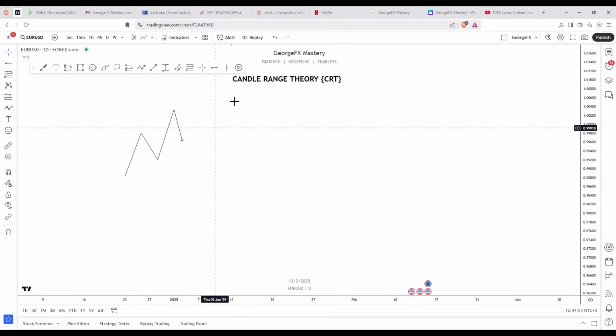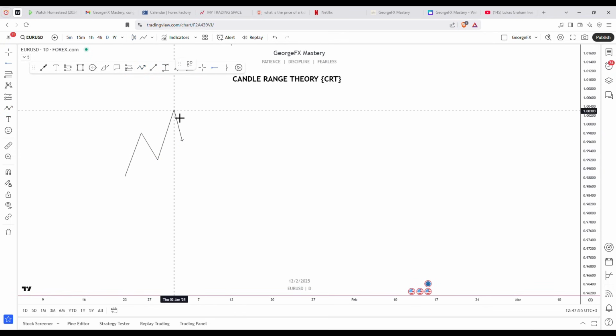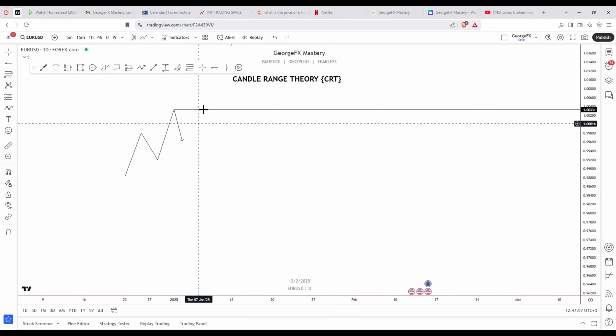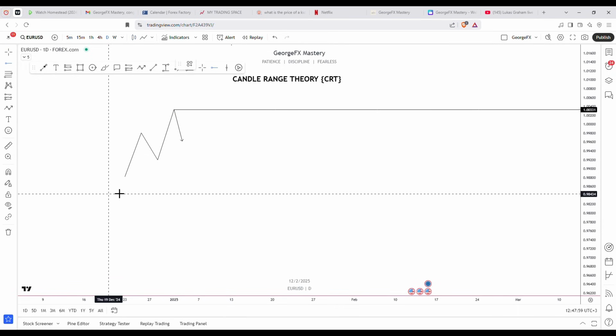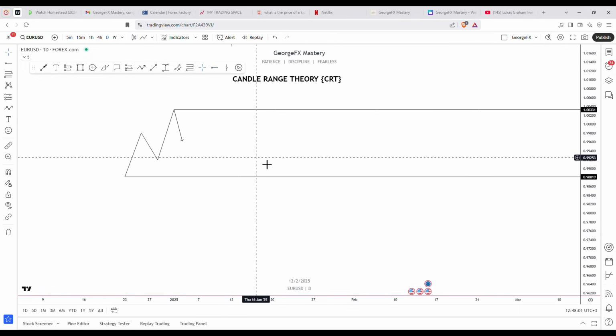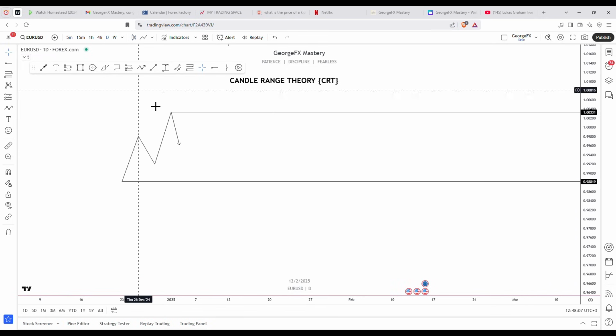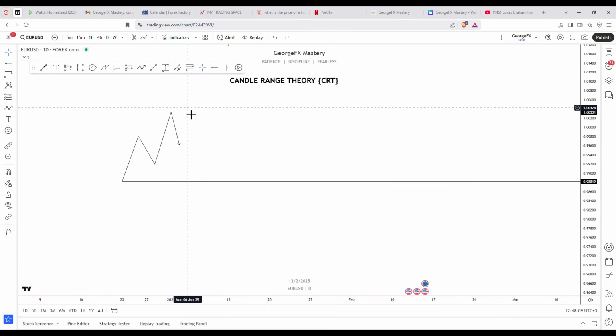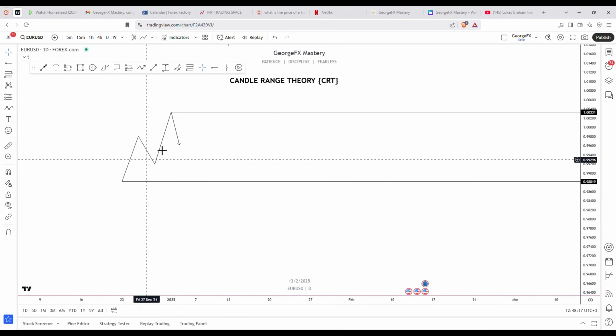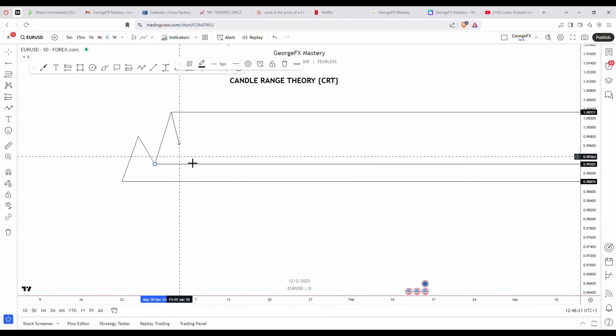If you do not know, you can comment down in the comment section and I can consider doing a video explaining liquidity. Basically, we have two forms of liquidity. Buy side liquidity is liquidity lying above the market, and sell side liquidity is liquidity lying below the market. So here we can have sell side liquidity, or even here.